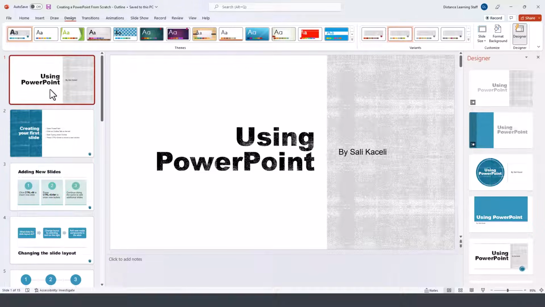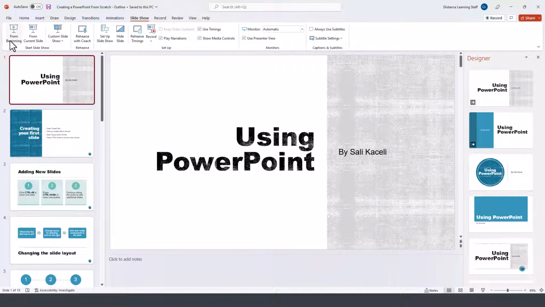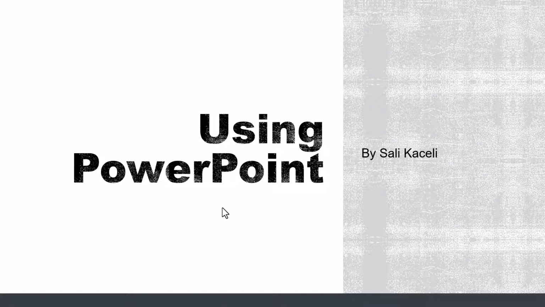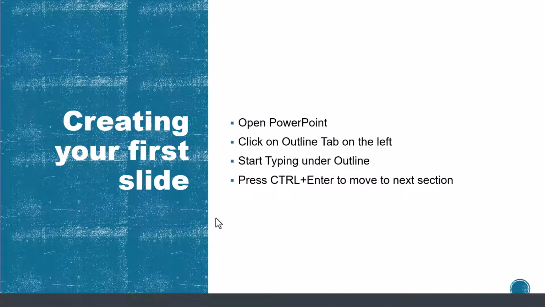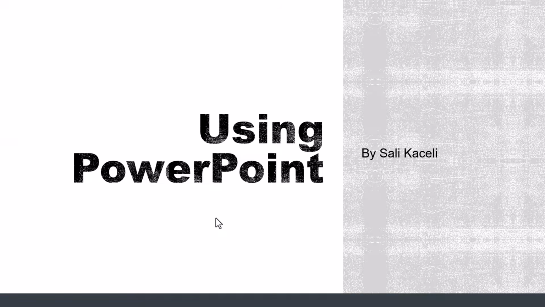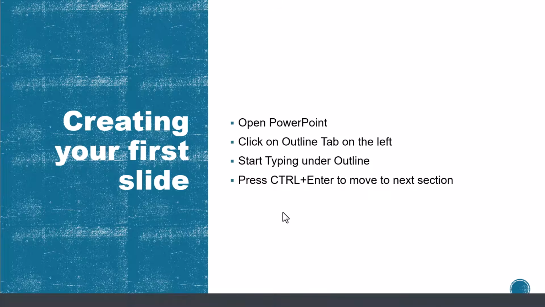To present this slideshow, this presentation, we go here under Slideshow and then click on From Beginning. And then you can either use the space bar on the keyboard to advance through the slides, and to go to the previous slide, you can press the back arrow on the keyboard, or to advance the slides, you press the mouse button or a clicker on your clicker device or your mouse if you're presenting with it that way.